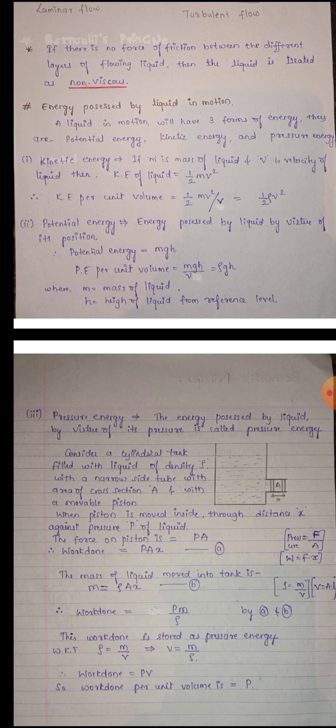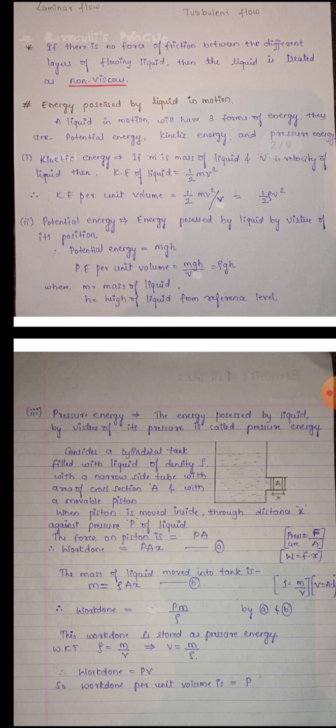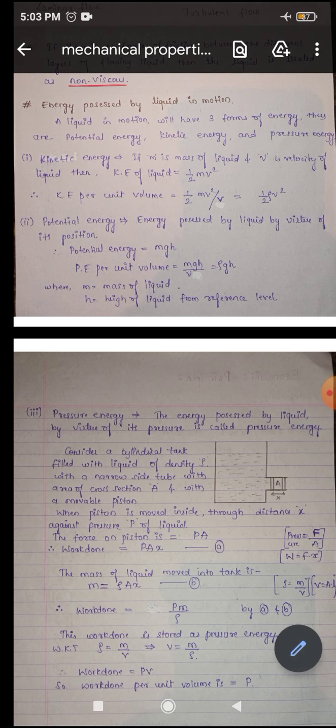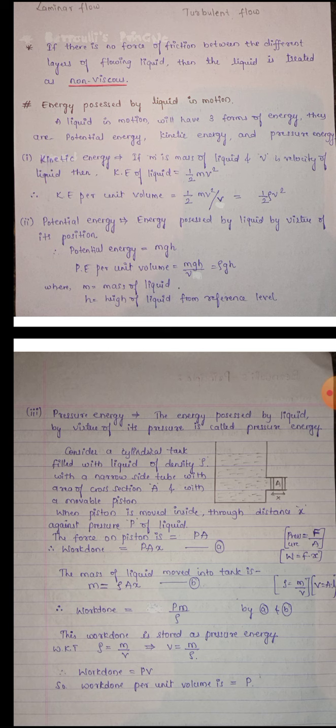So the potential energy of a liquid is given by m g h, and the potential energy per unit volume will be given as m g h divided by V.